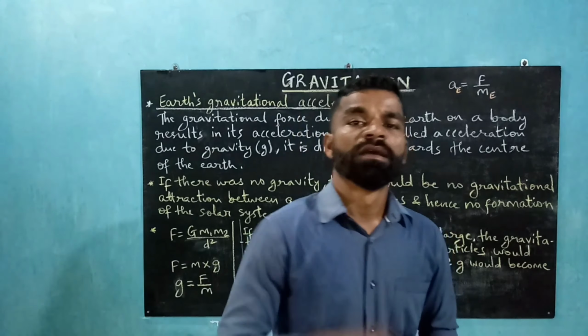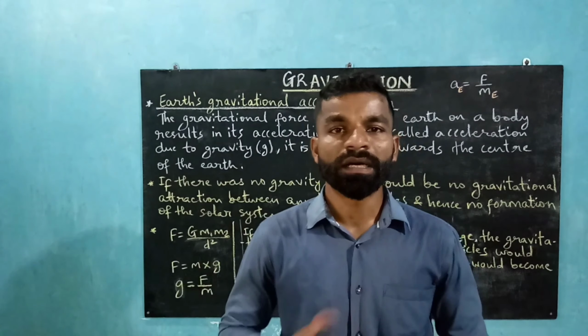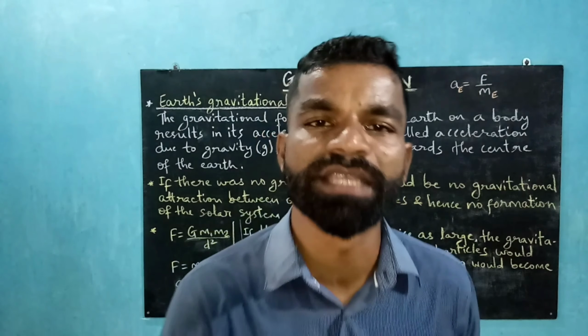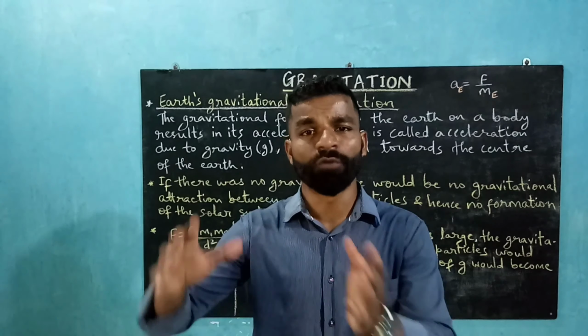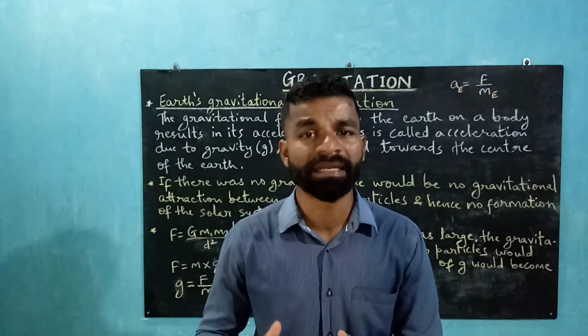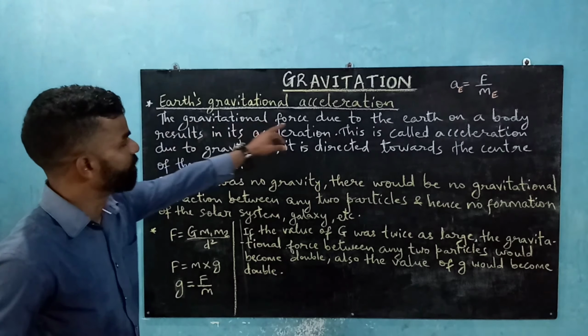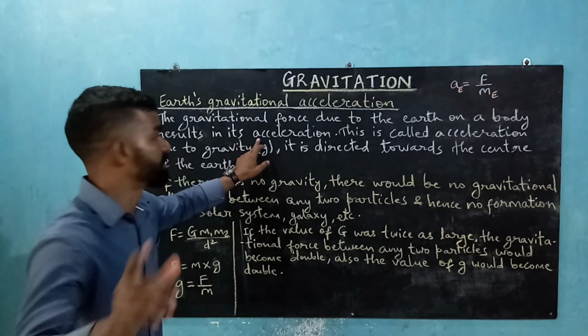Now next, we have the earth's gravitational acceleration. The earth exerts gravitational force on every object which is near to it. And according to Newton's second law, whenever a force is exerted on an object, it results in its acceleration. So the gravitational force due to the earth on a body results in its acceleration.